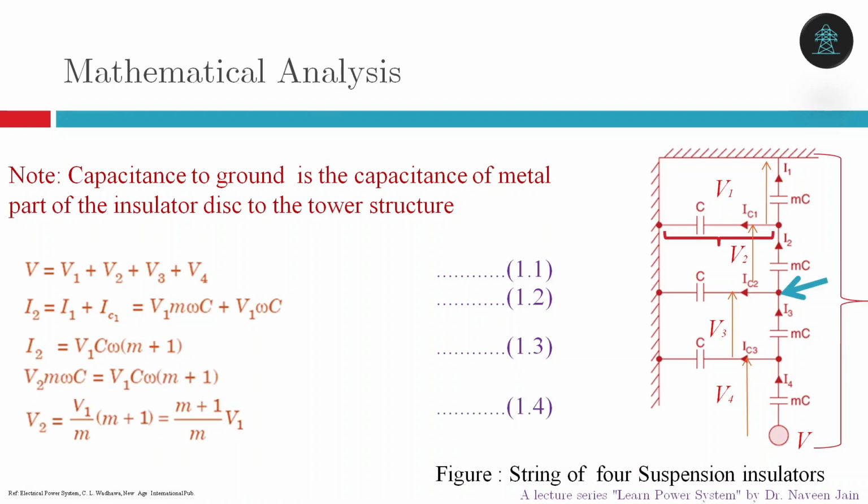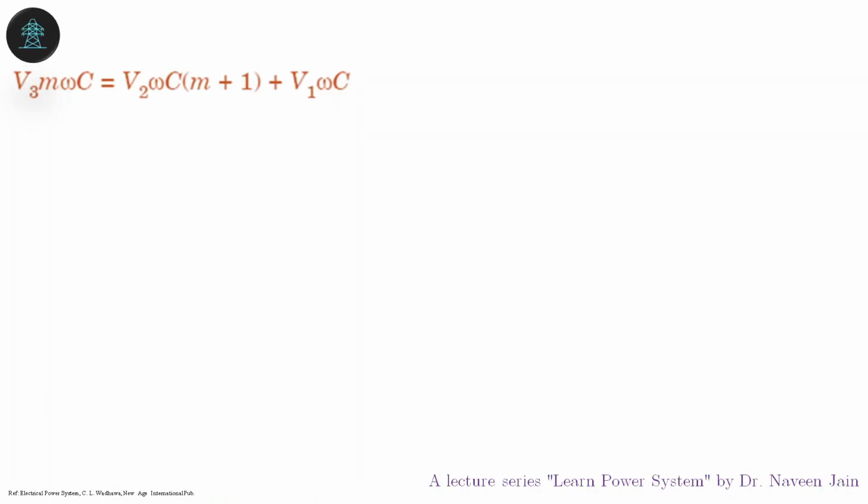Let us apply KCL on another node. Hence, I3 is the sum of I2 and IC2. Similarly, we can write equations for this node and later apply KCL on other nodes.